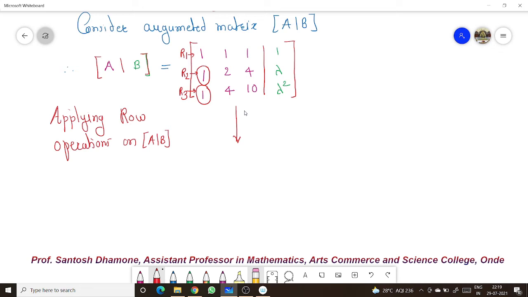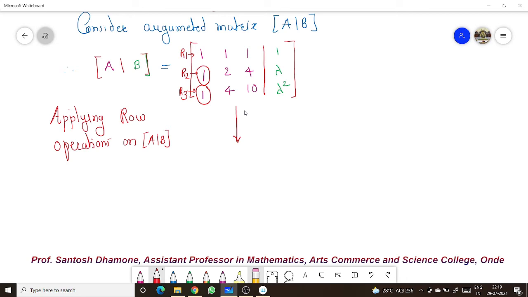Here the rank of matrix A is 2, n is 3, and the rank of augmented matrix AB is 3. To make the rank of augmented matrix AB equal to 2, we take lambda minus 1 into lambda minus 2 must be equal to 0.